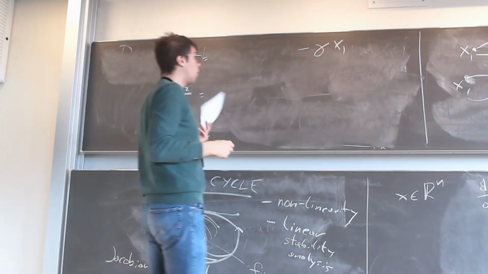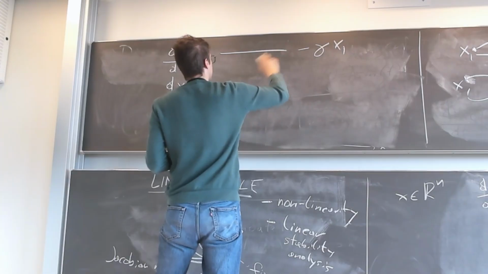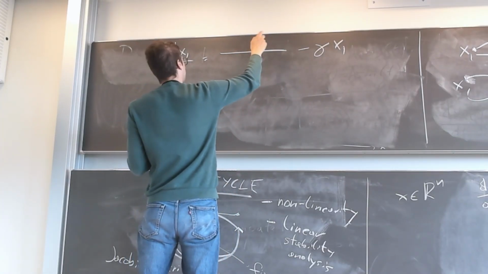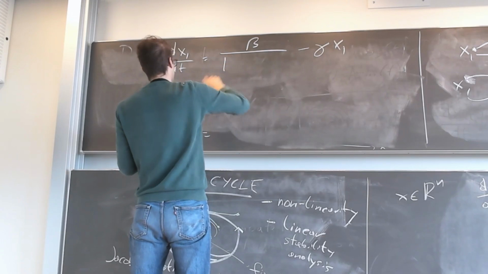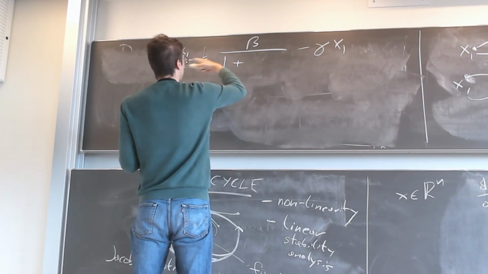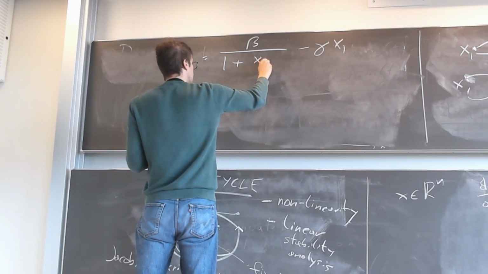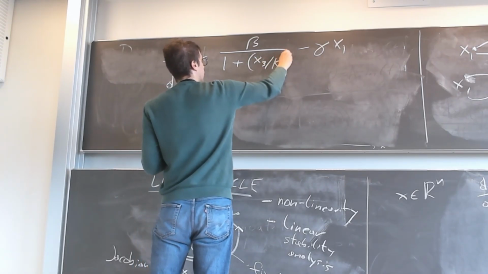We, of course, always have the degradation term. Then here, we have a repression term. We already had that on the blackboard today when we discussed autoregulation. But now it's not x1 that regulates itself. For x1, it's x3 that regulates x1.